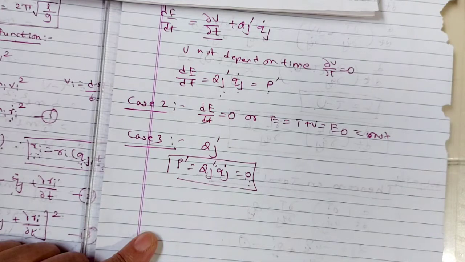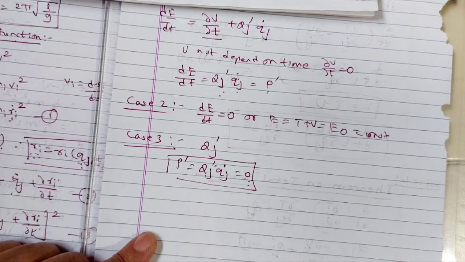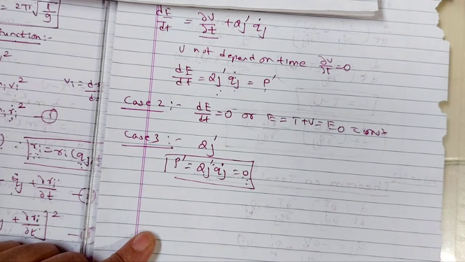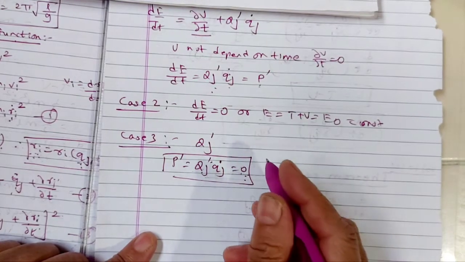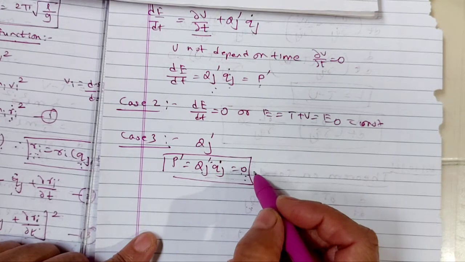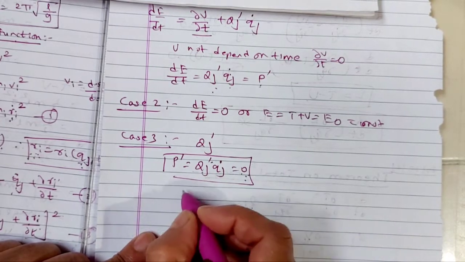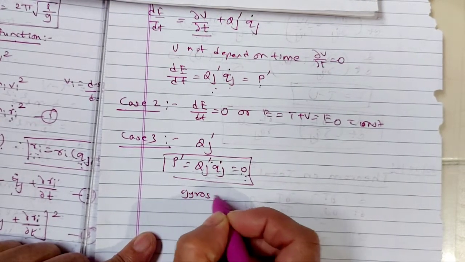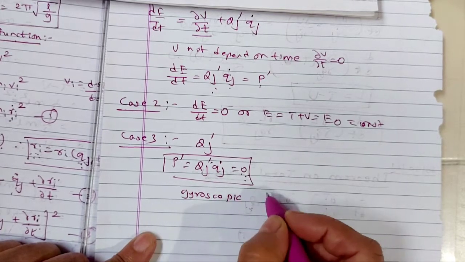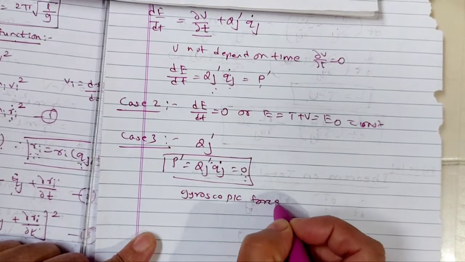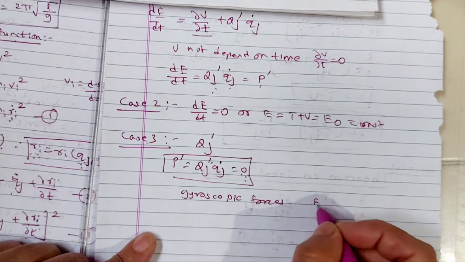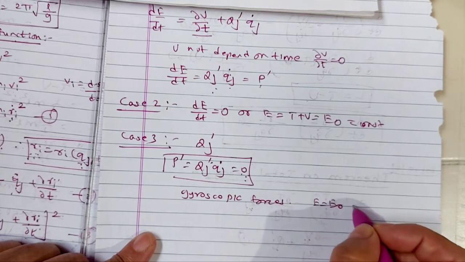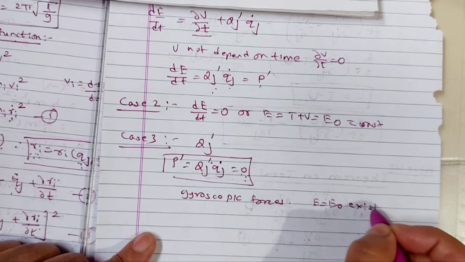That's why it's equal to 0. So what is the conclusion? All the velocity dependent forces that have this property are known as gyroscopic forces, where E is equal to E0.